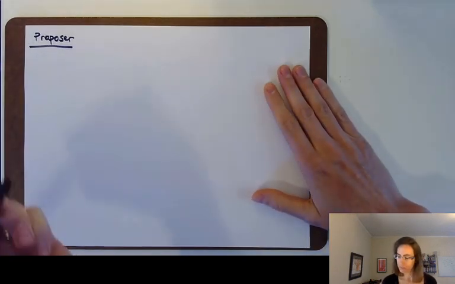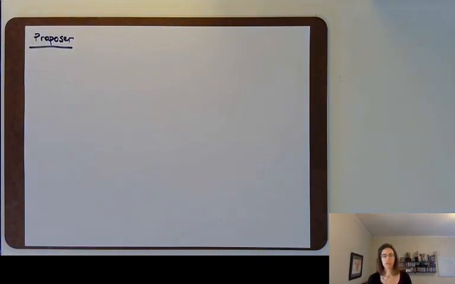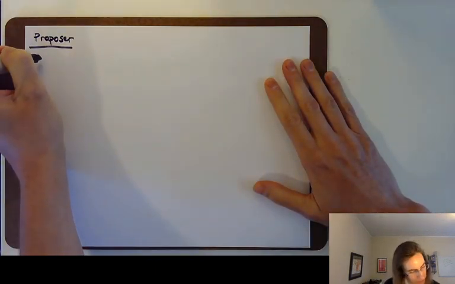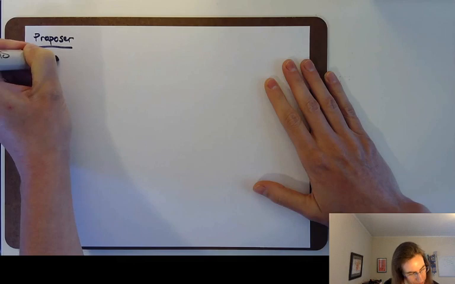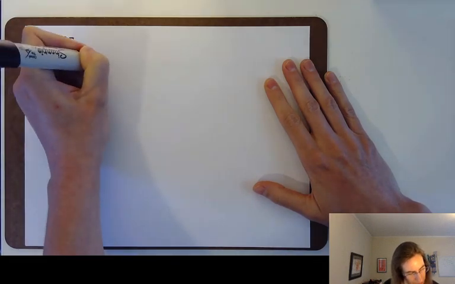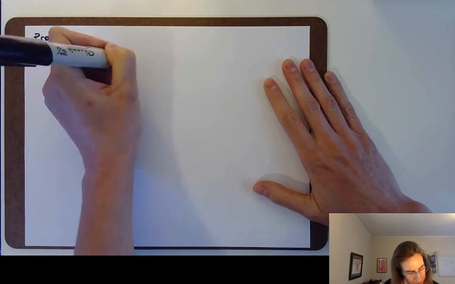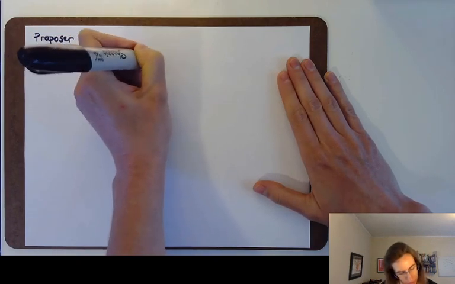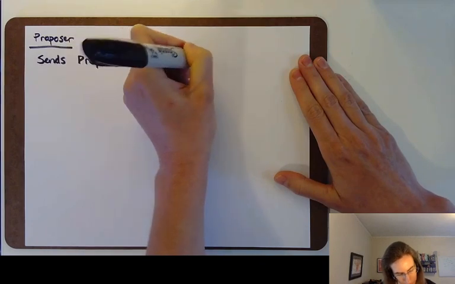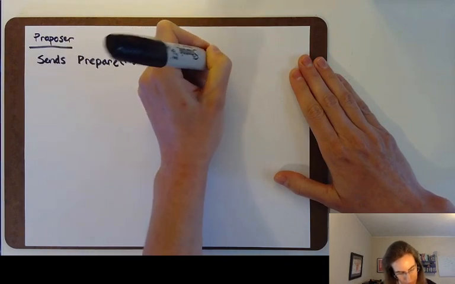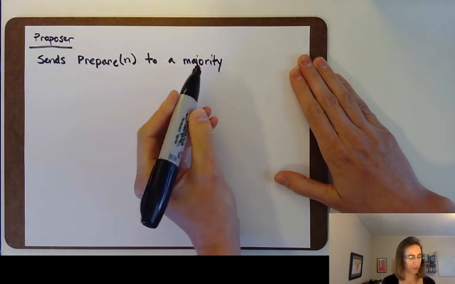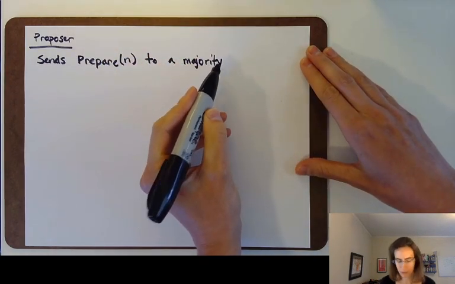So we say, when a proposer wants to propose a value, it sends prepare n to a majority, and recall that this could be the smallest majority, or it could be all of them, or it could be anything in between.